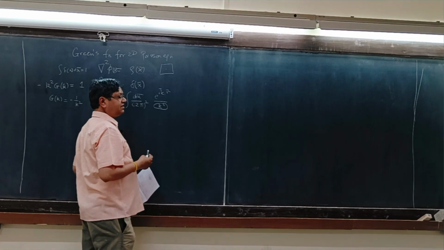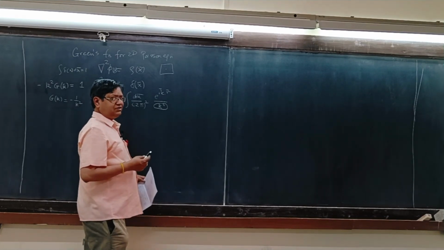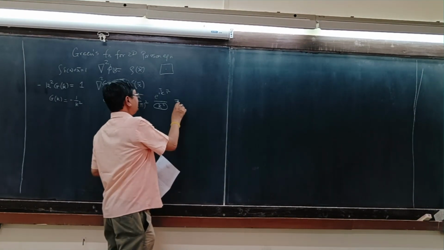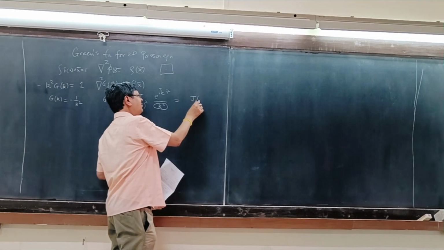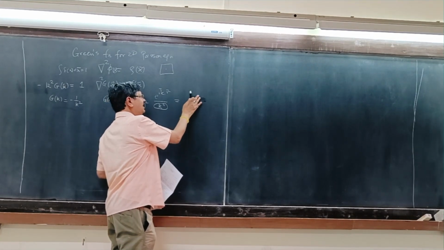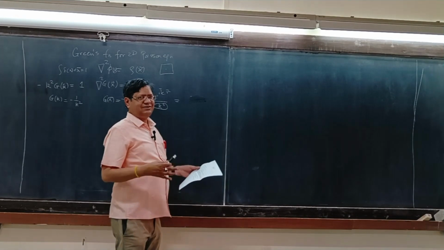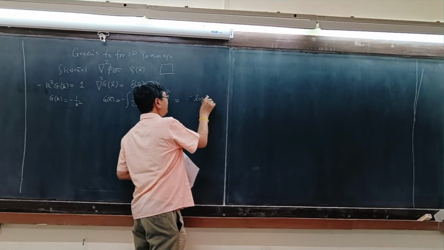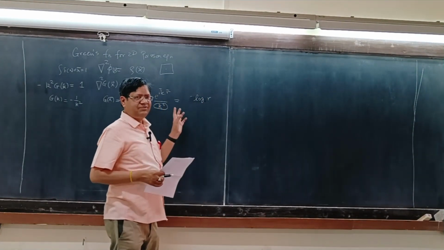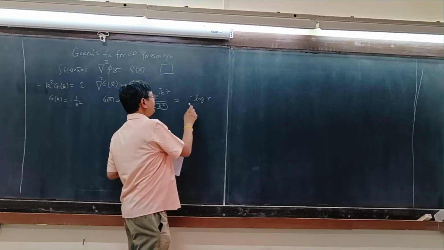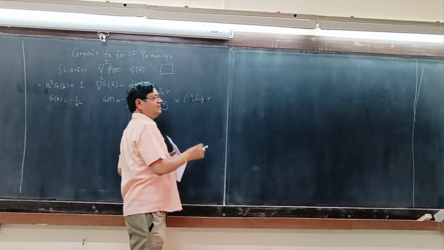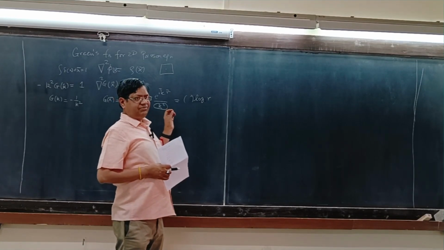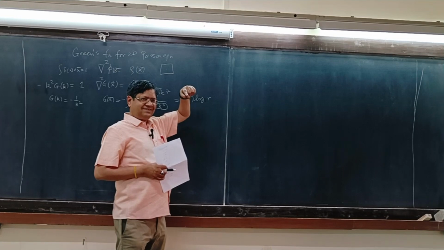The answer is in terms of the Bessel function. But it turns out that after all that algebra, we know from the answer that it is connected to log of r. It is isotropic, so I want you to write log of r, with a prefactor in front. So the answer is log of r, which is connected to the Bessel function.